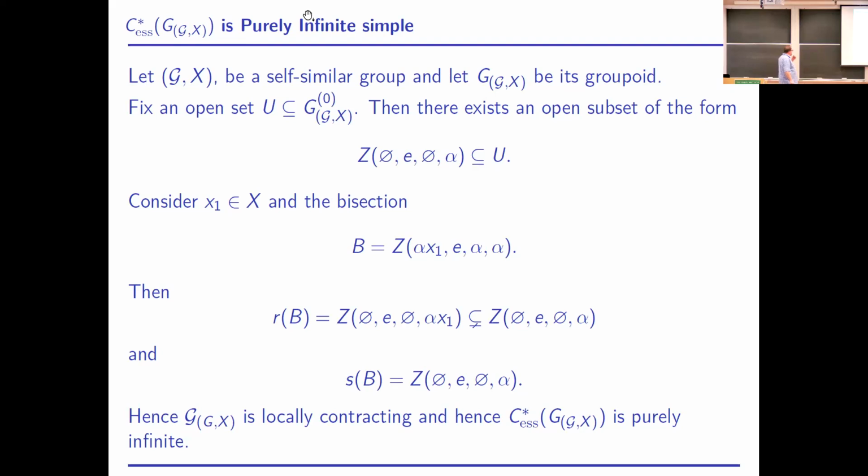So fixing an open set U in G0, there exists an open subset of the form Z E alpha contained in U. So one of these basis elements is in there, and as it turns out, we can take some bisection B that takes all extensions of alpha and maps them from alpha to alpha x1.